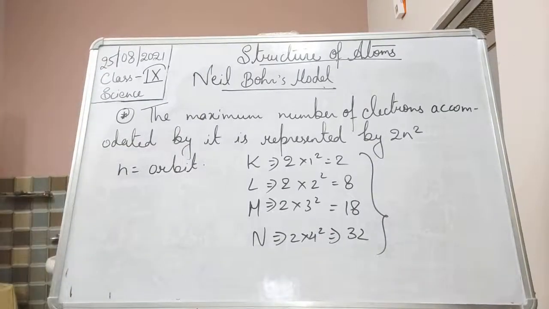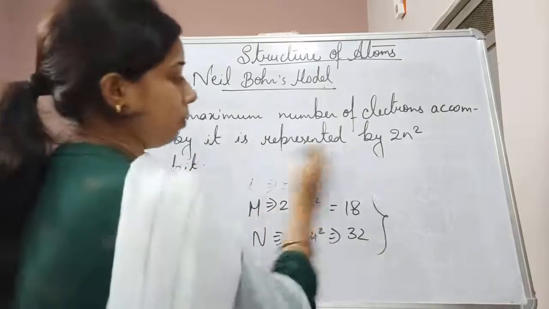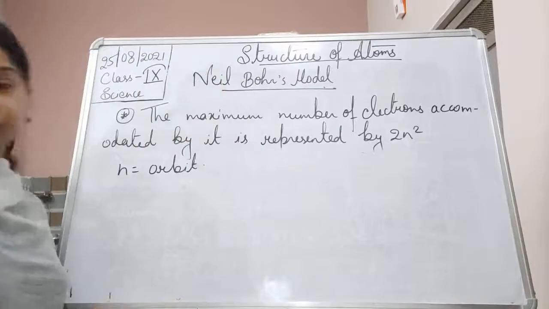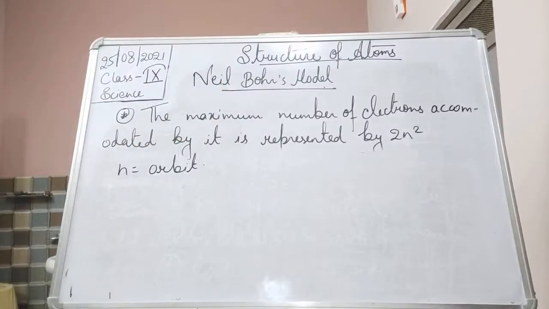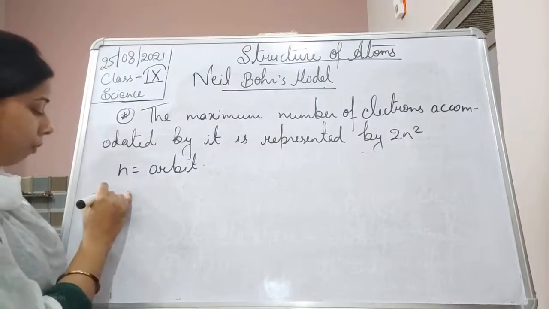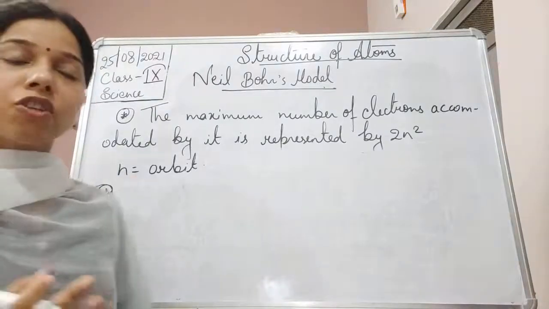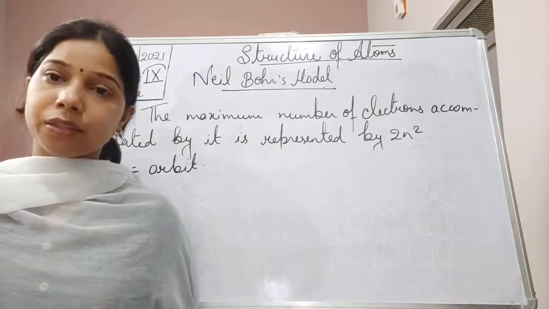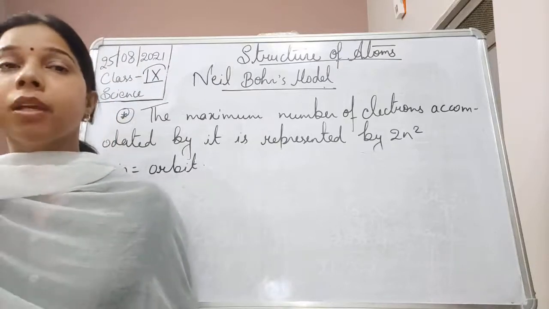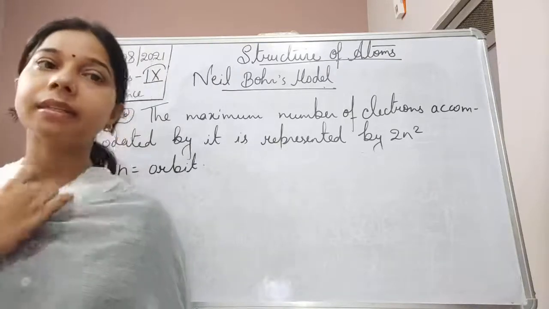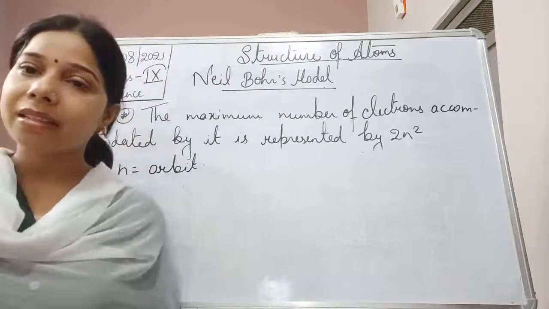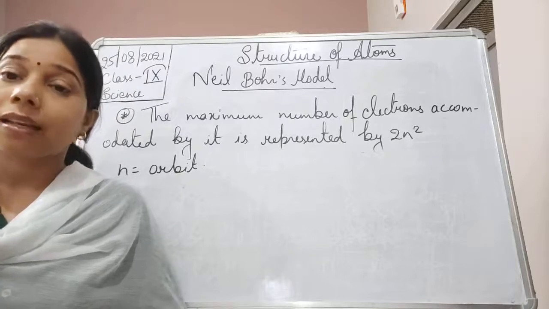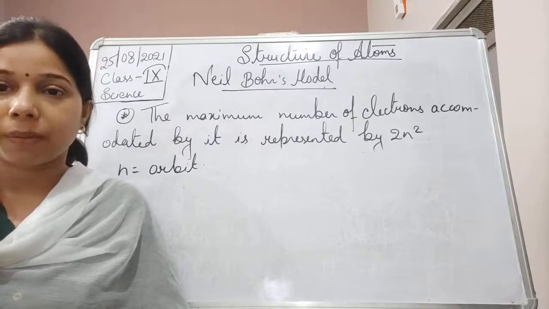Now you see here, what is the second thing given by Niels Bohr. The second thing is that although the K shell has 2 electrons, L has 8, M has 18, it is showing that it can have 18 electrons, but the maximum number of electrons accommodated by the outermost shell is always equal to 8 electrons.